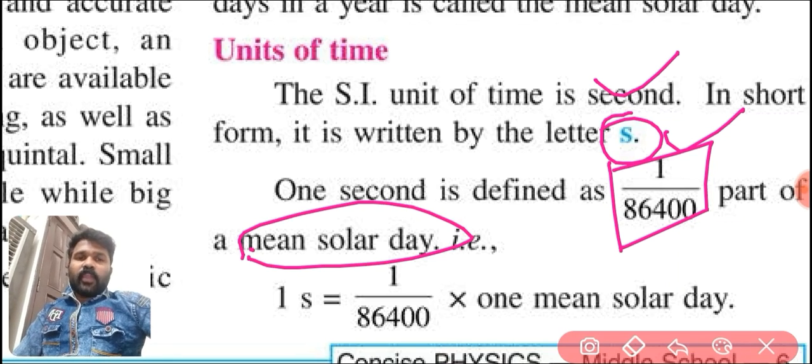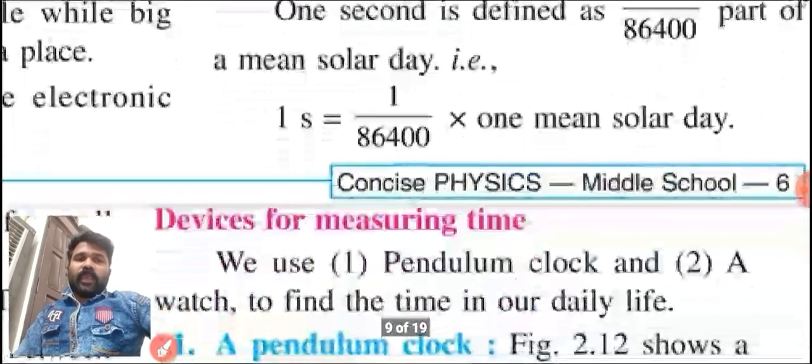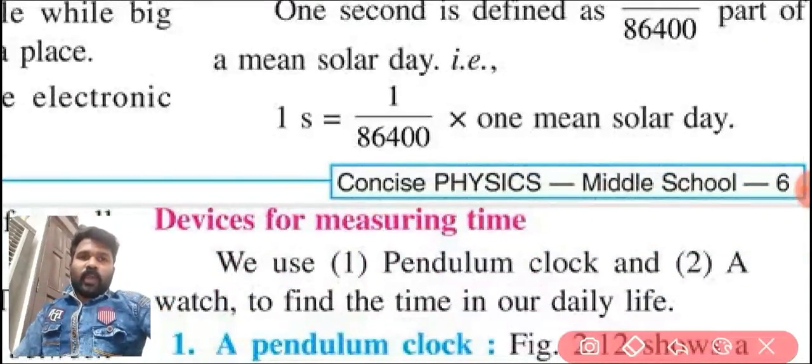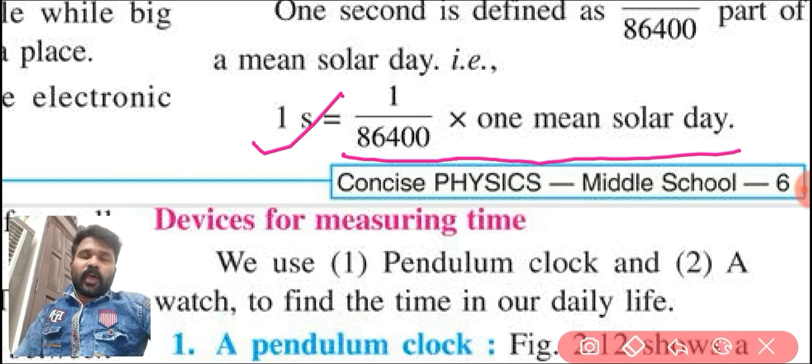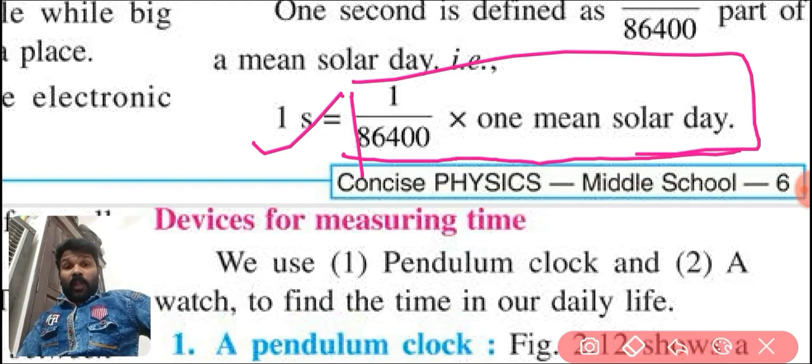Mean solar day we have defined just now. So, we can write here 1 second is equal to 1 upon 86,400 into 1 mean solar day. Please mark it. What is 1 second? 1 second is equal to 1 upon 86,400 into 1 mean solar day.